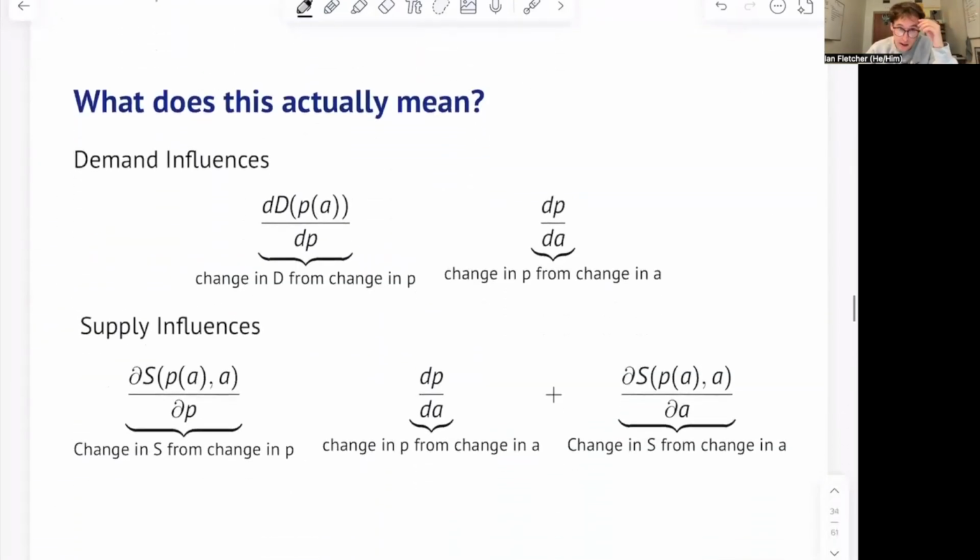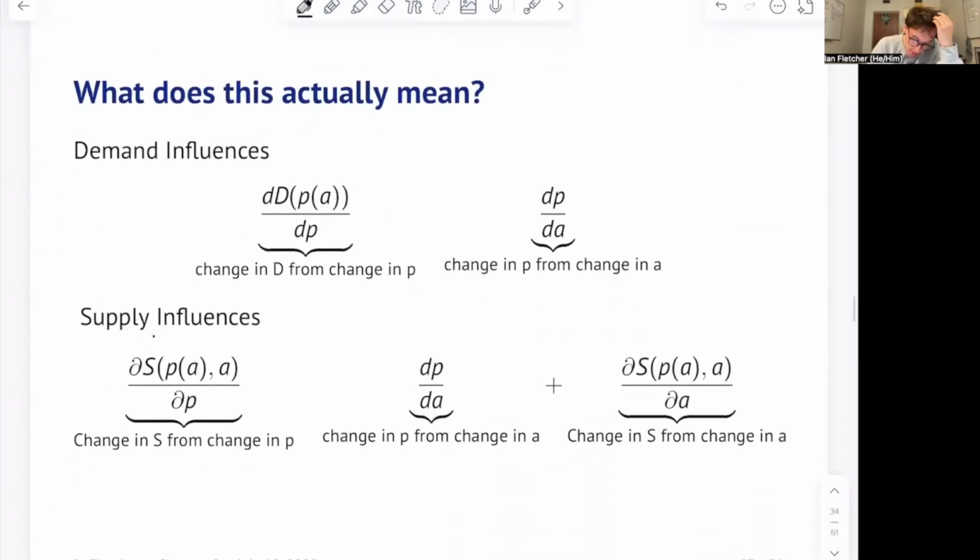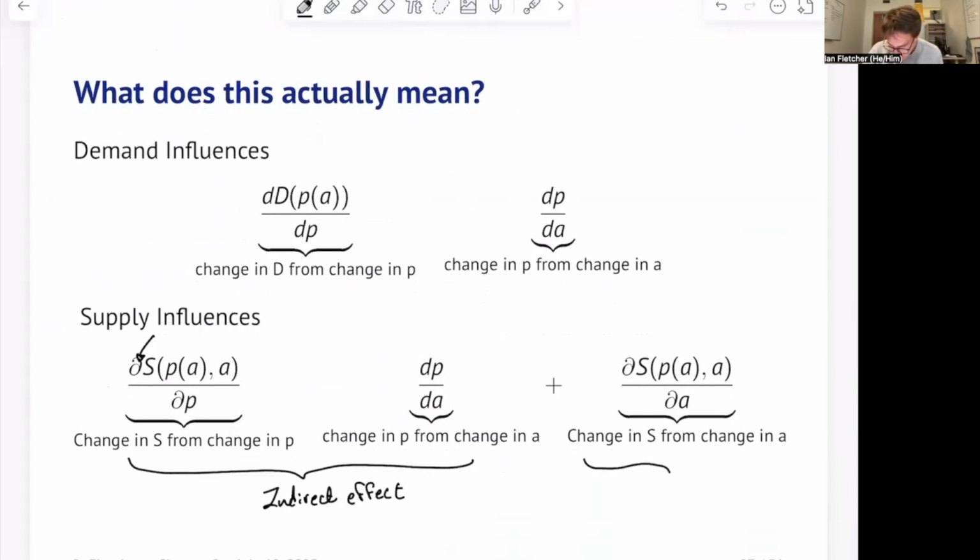Similarly, for our supply, we're going to have this partial change in S from a change in P. The reason we want to look at just the partial effect is because this will tell us what we're going to call the indirect effect, and this is our direct effect. We know supply directly changes from A, but because price changes with A, supply also has to adjust for the changes in price, much like demand did.